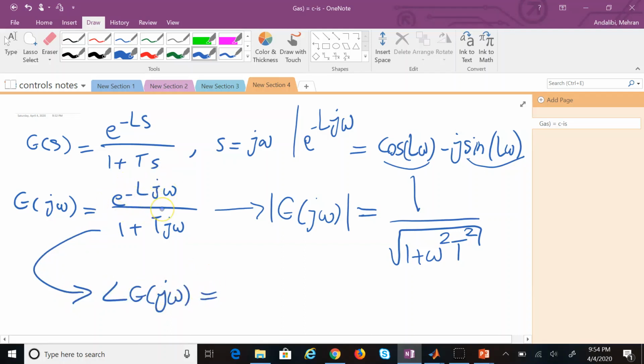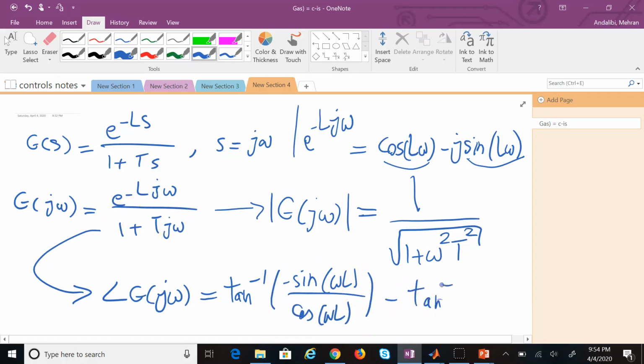So it's the phase of the numerator minus the denominator. What is the phase of the numerator, which is this complex number? It's the arctangent of what? Imaginary over real, right? So it's negative sine omega L divided by cosine omega L, and then minus, and you know that the angle of 1 plus tj is t times omega divided by 1.